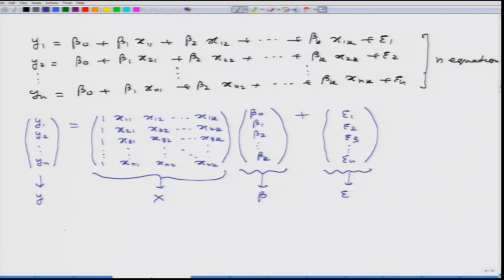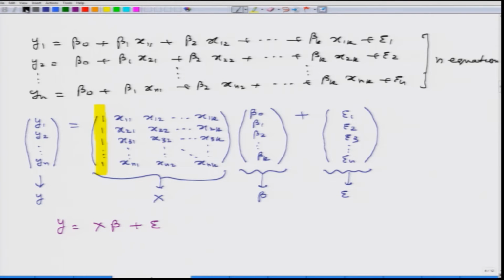So, I can write down the entire model as y is equal to X beta plus epsilon. Now, we observe that this first column is only 1, 1, 1, 1, 1. This is indicating the intercept term.